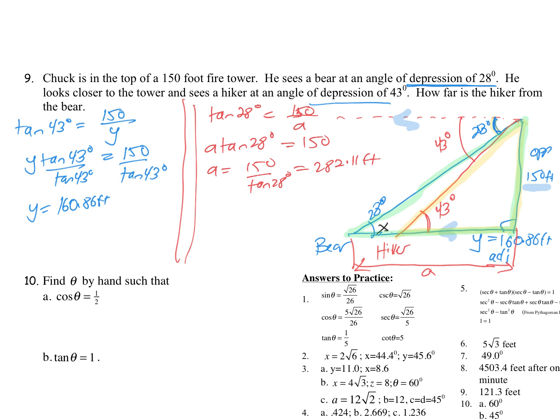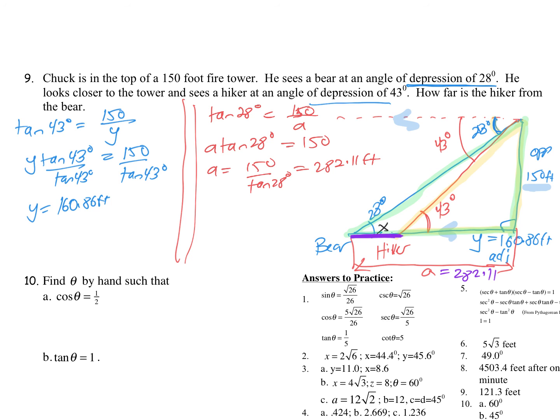So the distance between the hiker and the bear is going to be this little piece right here that we called X. But if we look at the base, we know that A is equal to 282.11. We know that Y is 160.86.